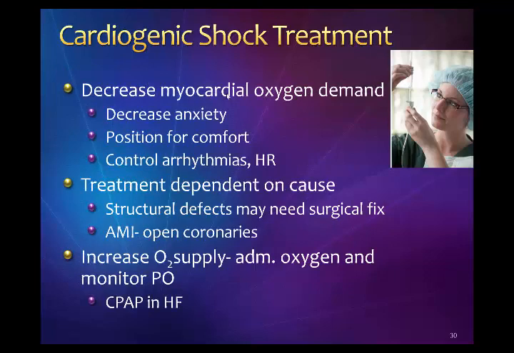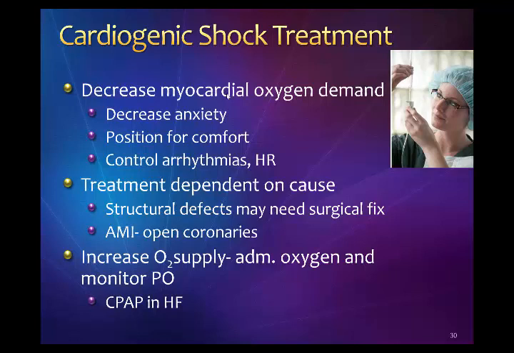So when we're talking about treatment, what we're going to do for these patients, like we already said, is decrease their anxiety and keep them comfortable. If they have any type of dysrhythmias, we're going to go ahead and treat those with the drugs that we talked about last time.